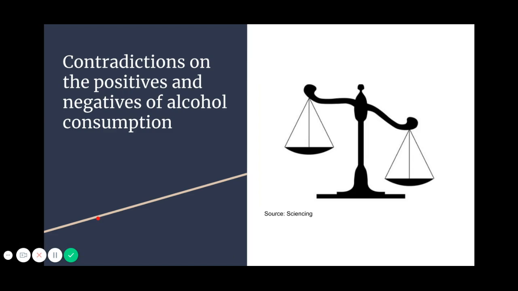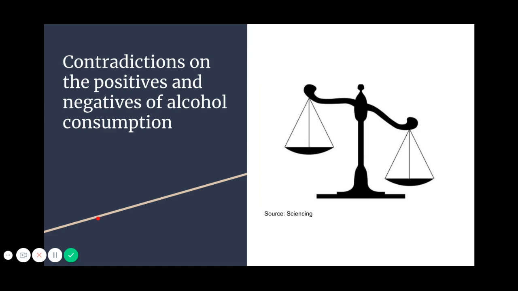Some articles have linked alcohol consumption to increased incomes, while others have deemed it to be a wage killer. In fact, a study by NIH, one of the most prominent sources of information, specifically says that there are these discrepancies within the scientific community on the impact of alcohol on economical status.